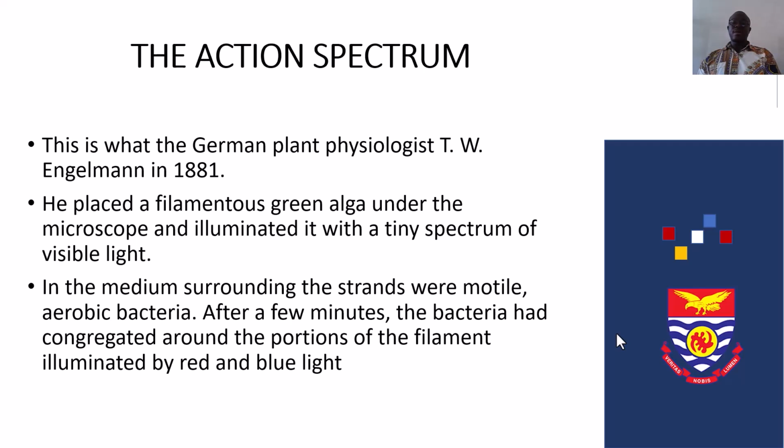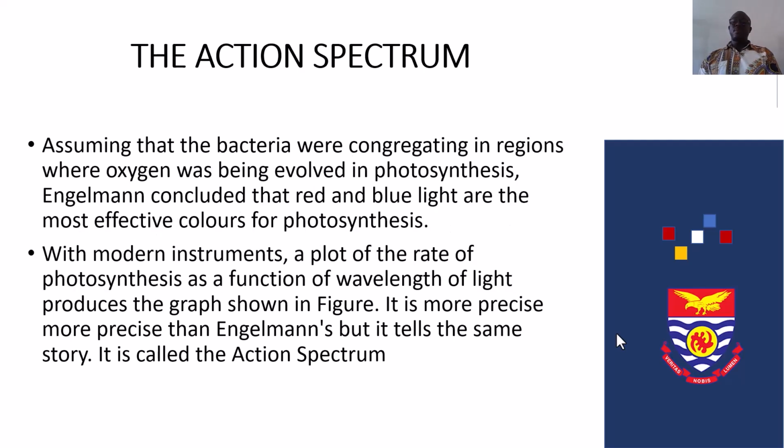After a few minutes, the bacteria had congregated around the portions of the filament illuminated by red and blue light. Assuming that the bacteria were congregating in regions where oxygen was being evolved in photosynthesis, Engelmann concluded that red and blue light are the most effective colors for photosynthesis.